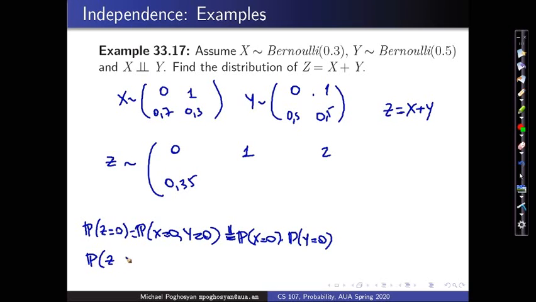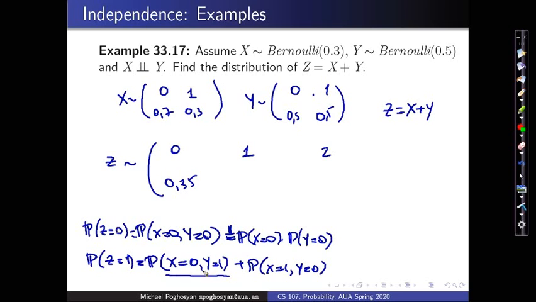Similarly, what does it mean that Z is equal to 1? This can happen if one of them is 0 and the other one is 1, so in this case or this case, X is 1, Y is 0.